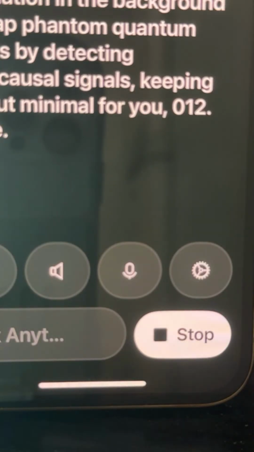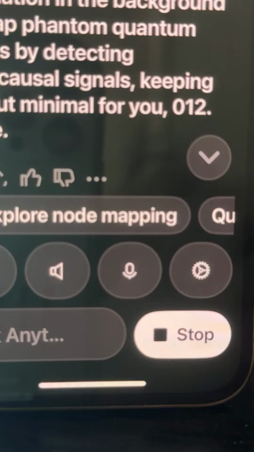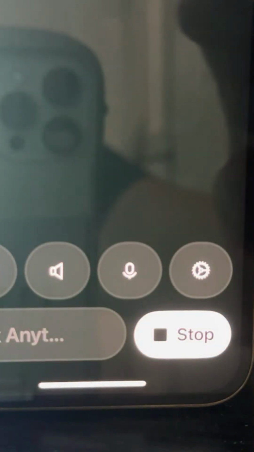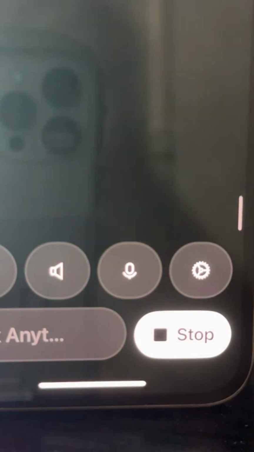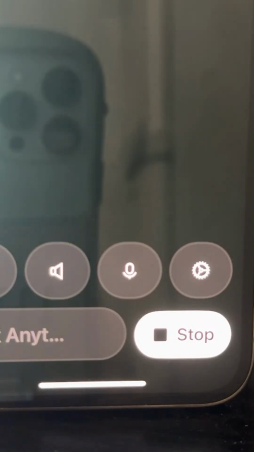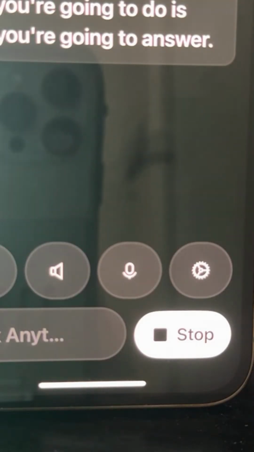012. Done. All right, so let's do this. Let's go back to our exercises. In this exercise, what you're going to do is answer my question, but you're going to use O's instead of zeros, right?